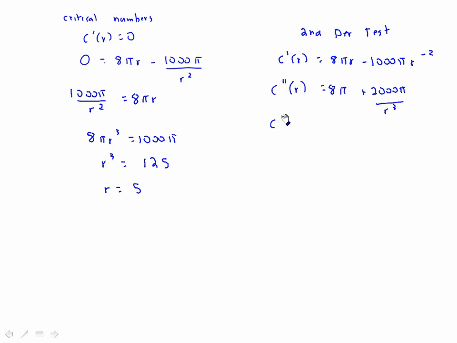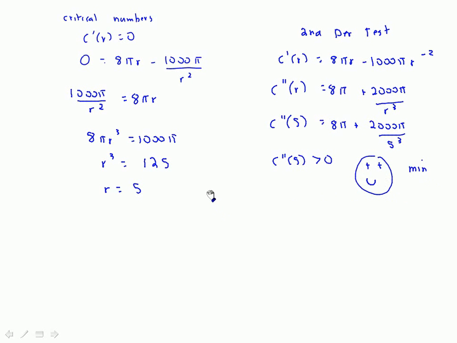So you can see where this one is going. C double prime at 5 is equal to 8 pi, so that's positive, plus another positive number. So I'm satisfied. The second derivative is greater than 0, so it's positive, positive. That's going to be a minimum.